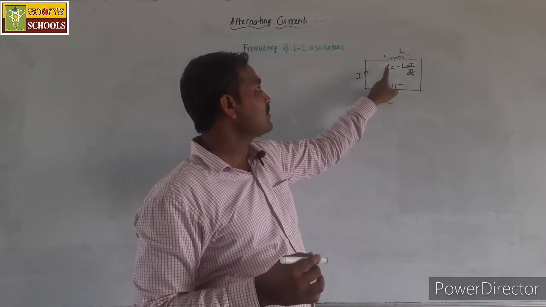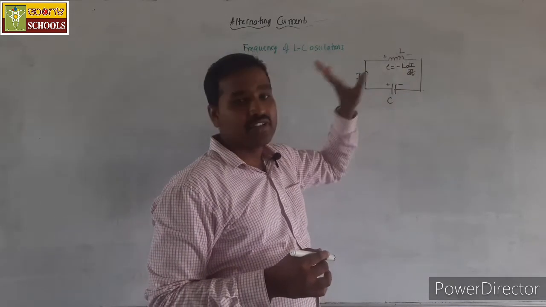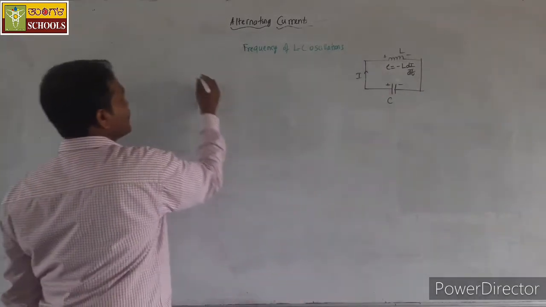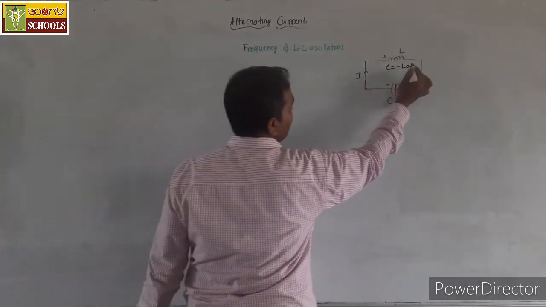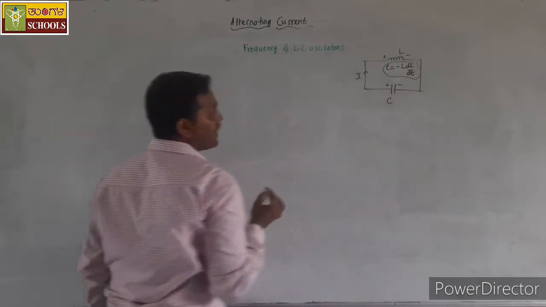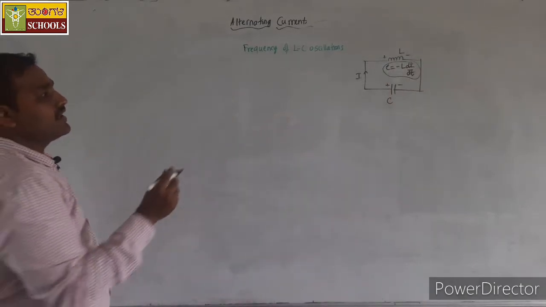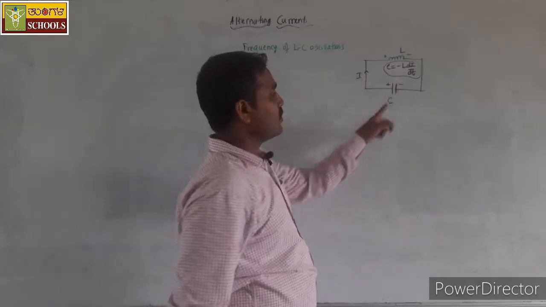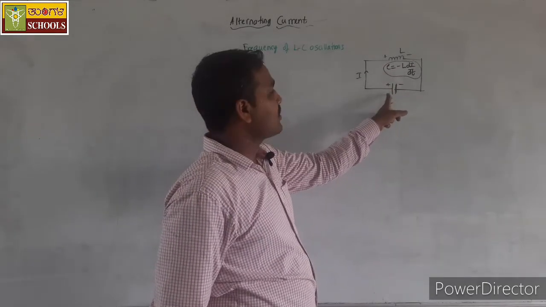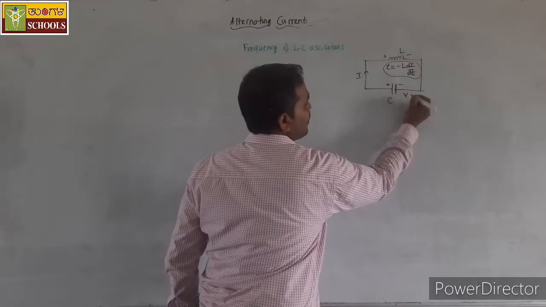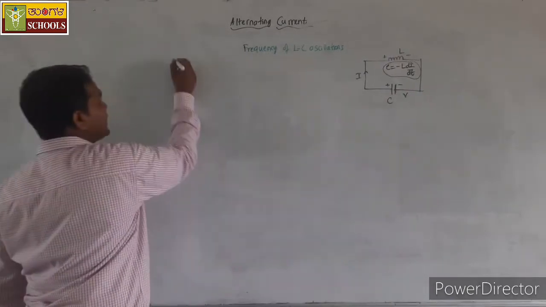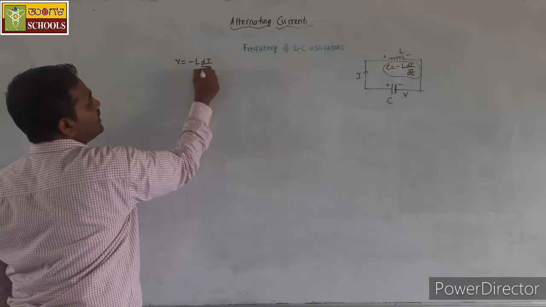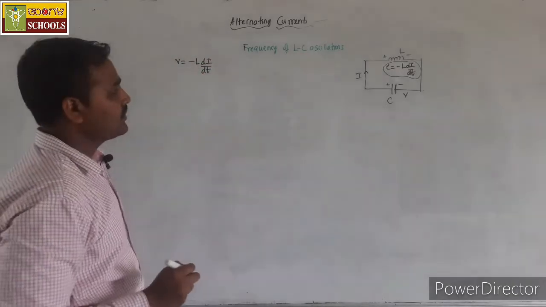Because of this current there is an EMF induced in the inductor whose value is given by E equal to minus L di by dt. At a given time the EMF induced in this inductor will be equal to the potential difference across the plates of the capacitor, which is given by V. So I can write V equals minus L di by dt.